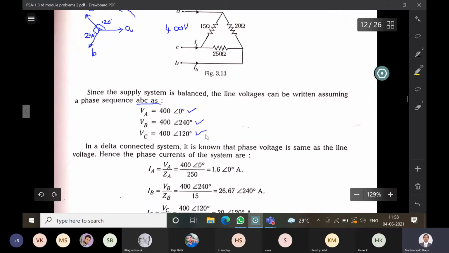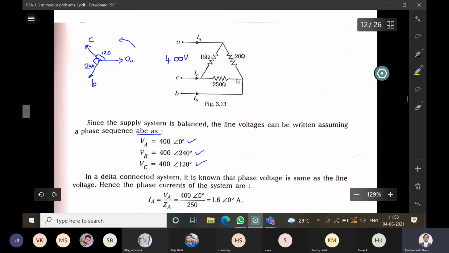This is small a, this is B and this is C. Opposite to this vector is ZA, opposite to B is ZB, opposite to C is ZC, right?